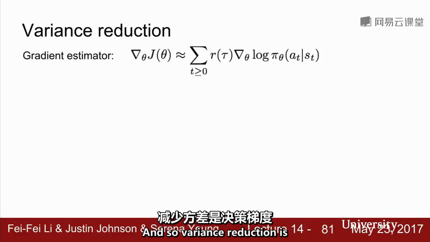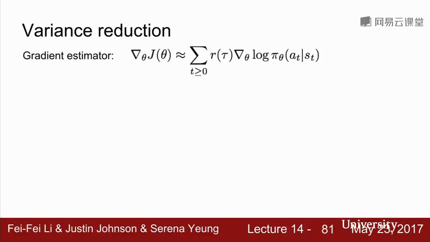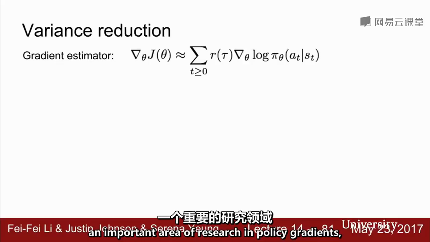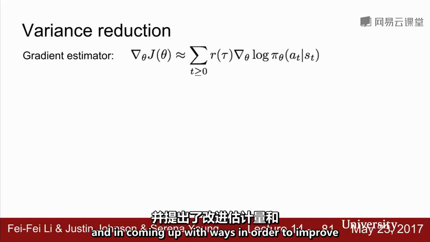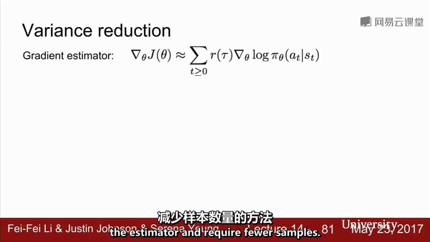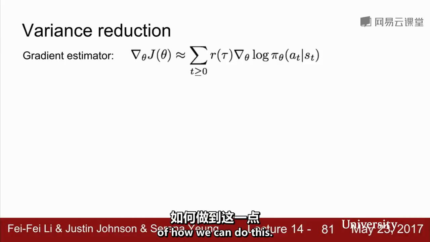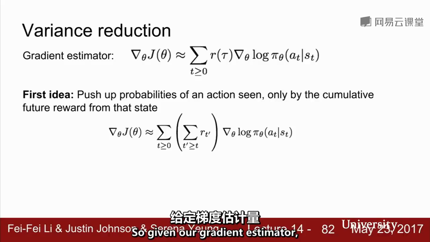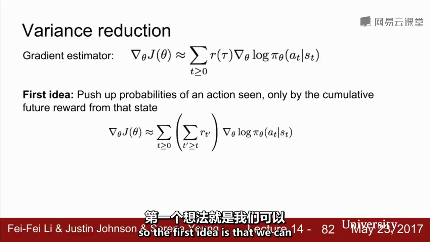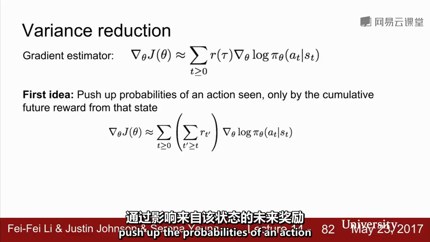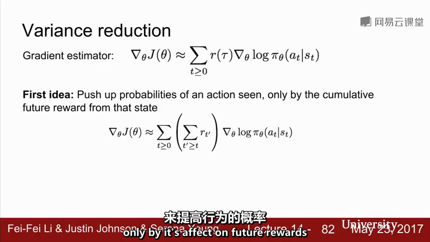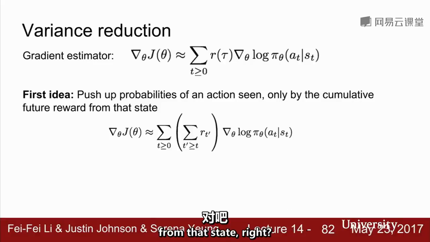Variance reduction is an important area of research in policy gradients, in coming up with ways to improve the estimator and require fewer samples. So let's look at a couple of ideas of how we can do this. Given our gradient estimator, the first idea is that we can push up the probabilities of an action only by its effect on future rewards from that state.